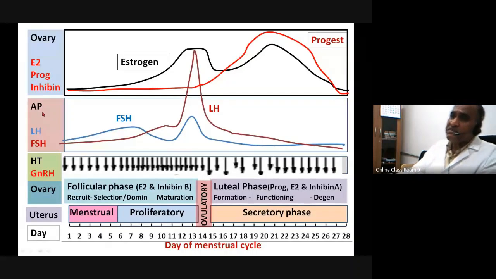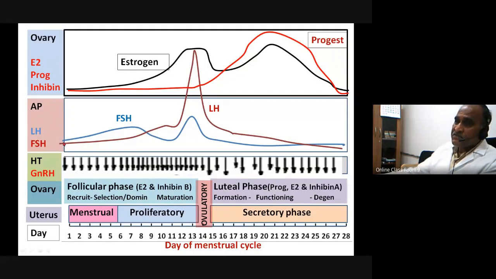Now, in the anterior pituitary, I have shown two hormones here. These two hormones are regulated one by the hypothalamus, two by the ovarian hormones. I have not shown here how the ovarian hormones influence this, but anyway, how is the GnRH going to stimulate?